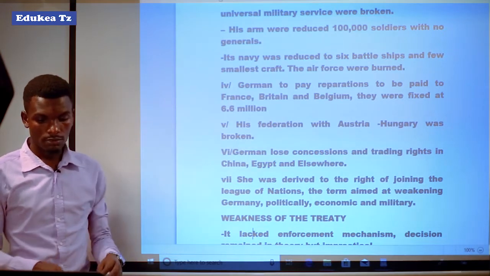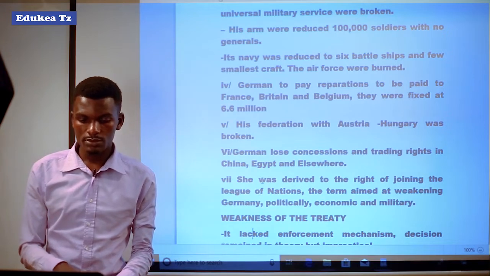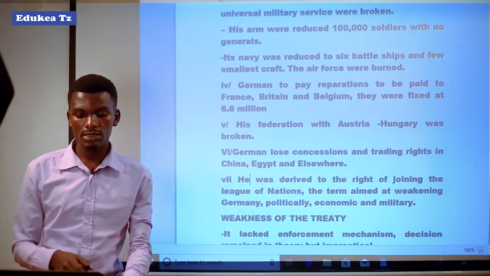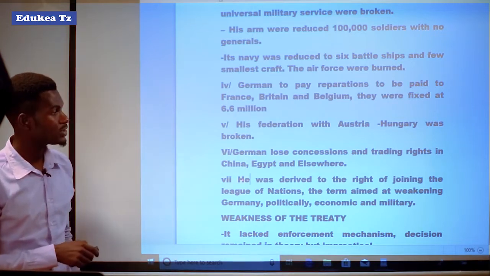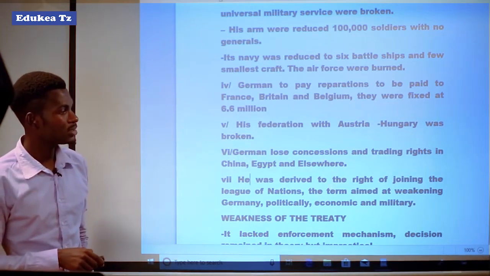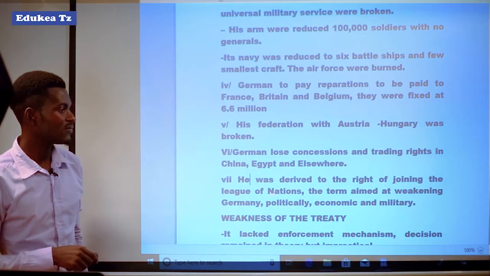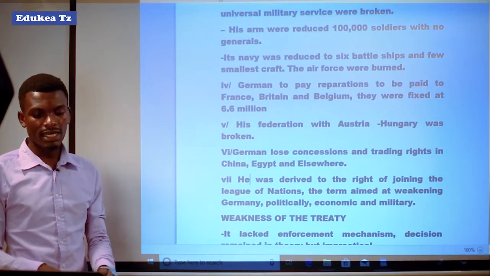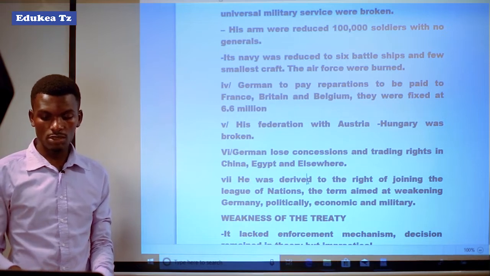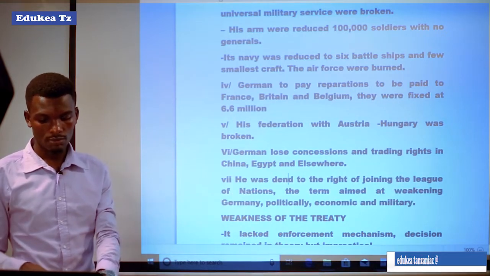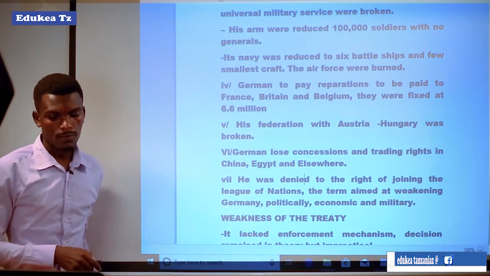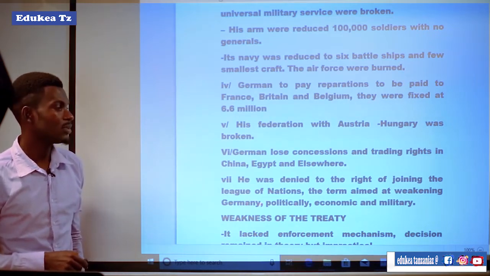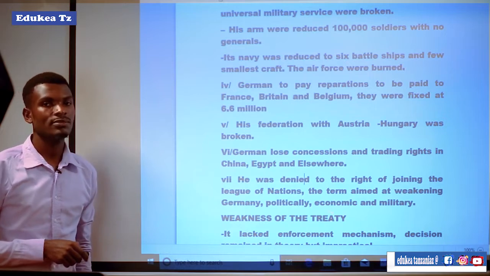But also Germany was denied the right of joining the League of Nations. The terms aimed at weakening Germany politically, economically and militarily.